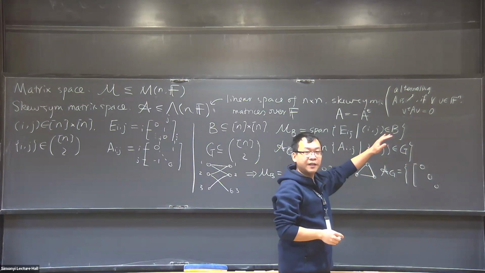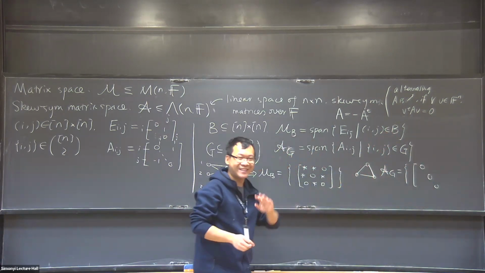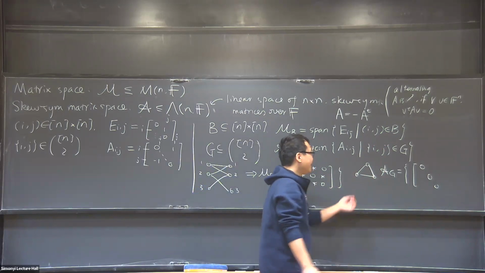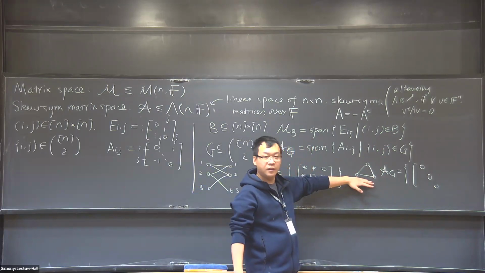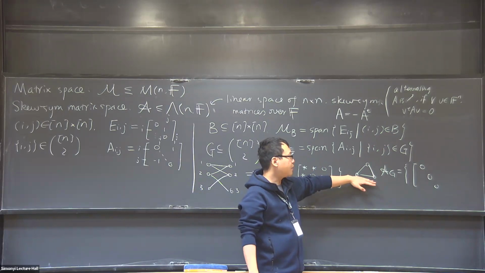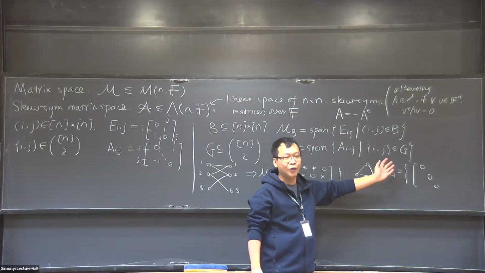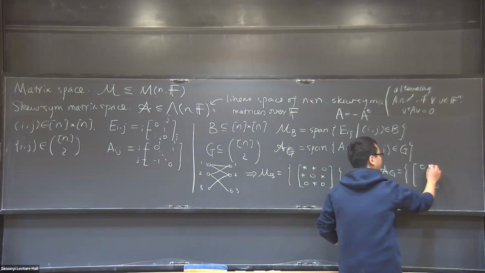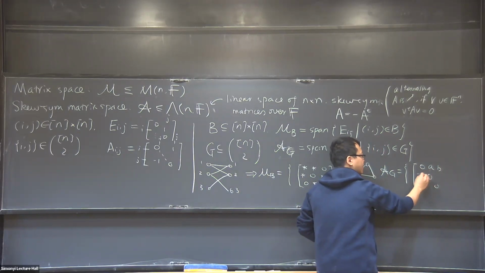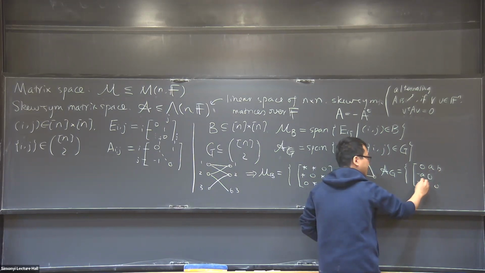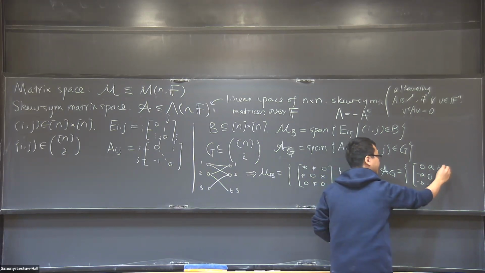So this will be alternating. Then you don't have this characteristic 2 issue. Yeah, thanks. So, okay, then for this general graph, the corresponding skew symmetric or alternating matrix space will be A. Then if you have A here, then you have minus A here, right? You have B here, minus B here, C, minus C here.